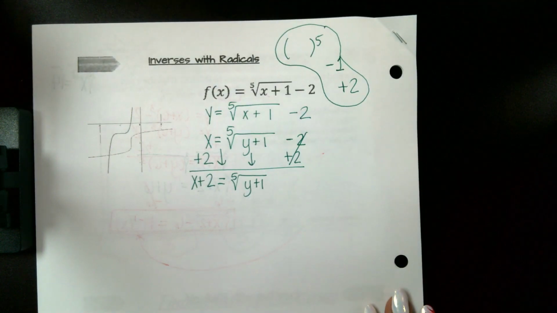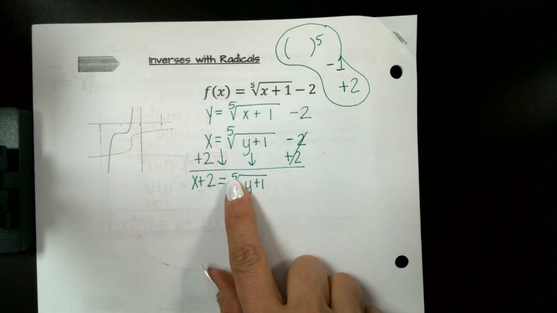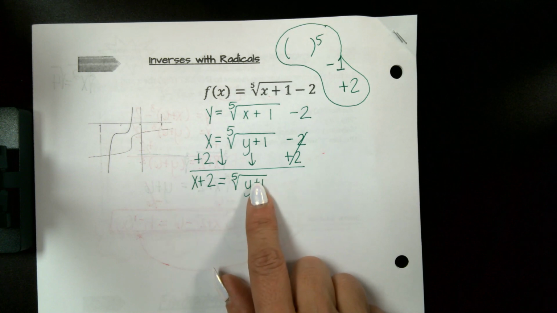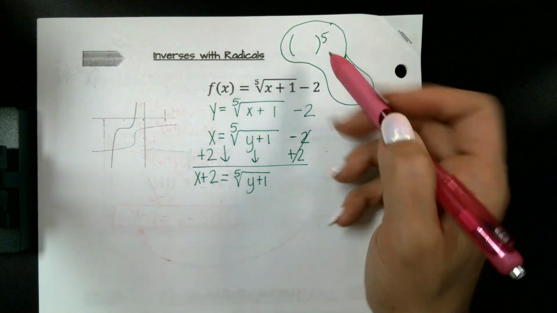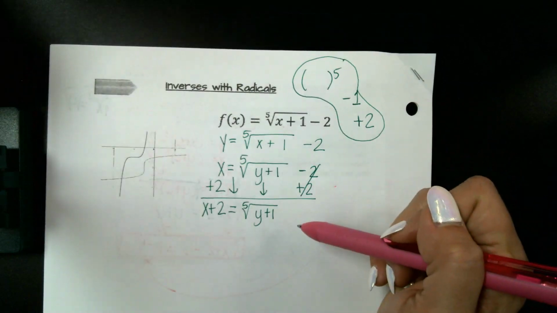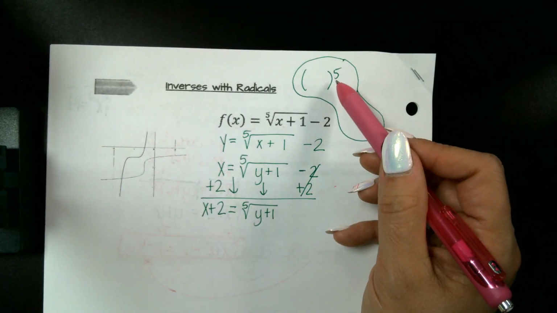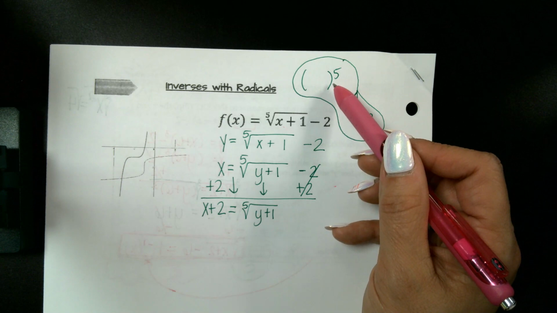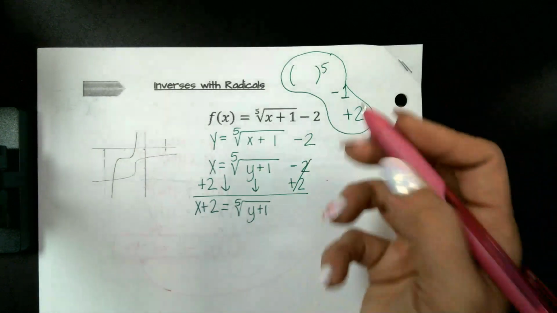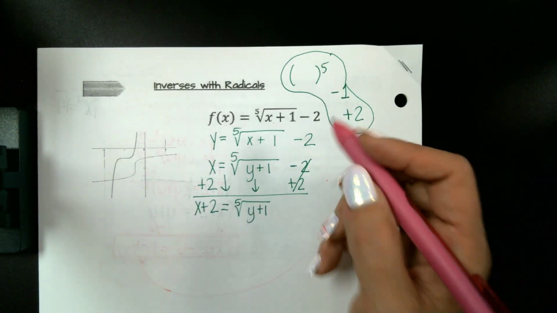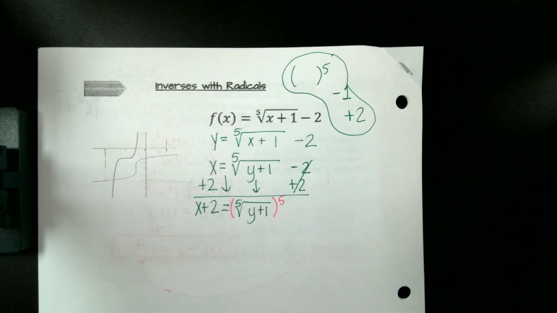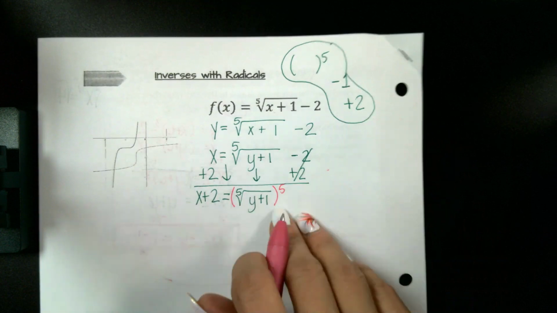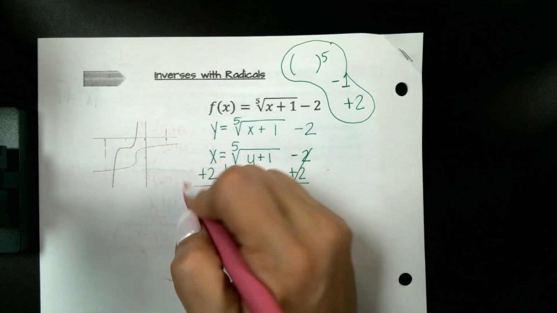Okay, so now, how do I get rid of a root so I can get rid of that +1? What's the opposite of the root? Opposite of the root is the exponent or power. Okay, so watch. This is how you guys would show it. To cancel this out, you'd put parentheses around it and raise it to the fifth. And if I do that on the right, I'm going to come over here to the left side.